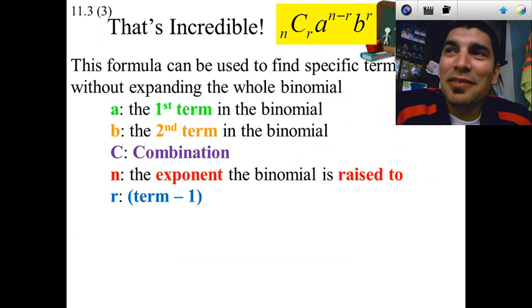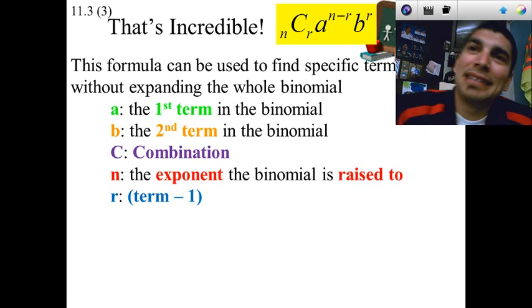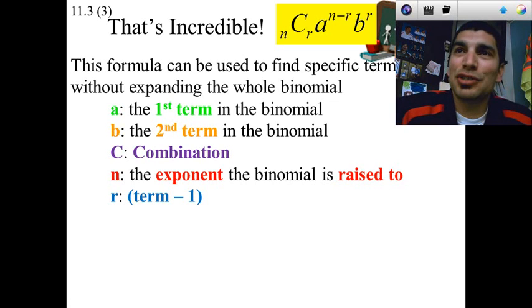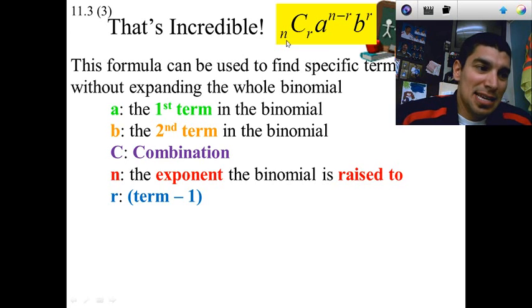First off, here's the formula that you are going to have to memorize, because I'm not going to give it to you. You will have to memorize it. So let's all write it down on your whiteboards right now. Write it down. Little n, big C, little r, times a to the n minus r power, n minus r is the exponent, times b to the r power.